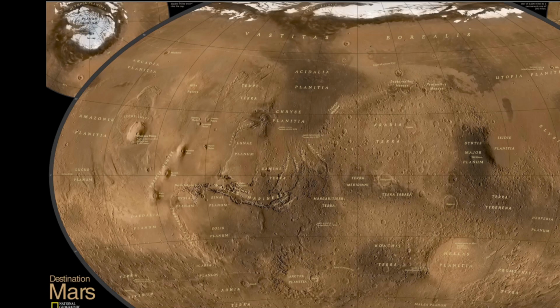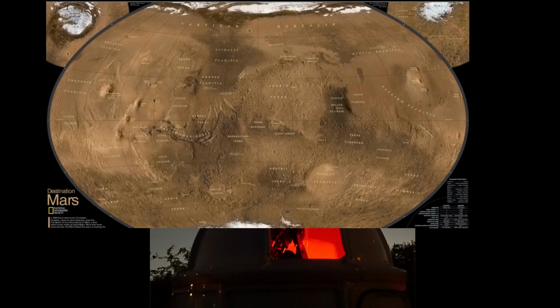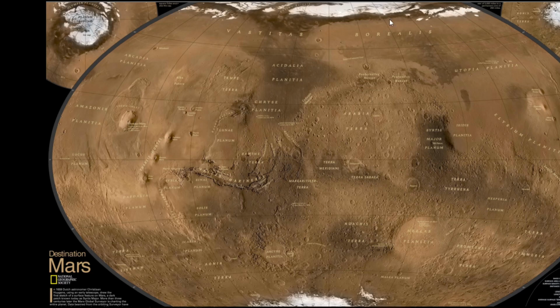So this is the Martian map. The Mars map right here. I know you want to read those things, guys, and then I'm going to try to make them readable. This is what we're looking at, Syrtis Major, and that white area below is the Hellas Planitia.